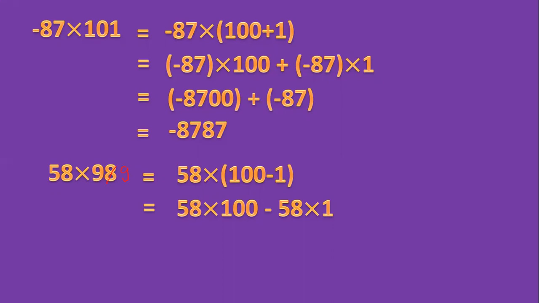That is 58 into 100 minus 58 into 1. That is 5800 minus 58. That will be 5742.